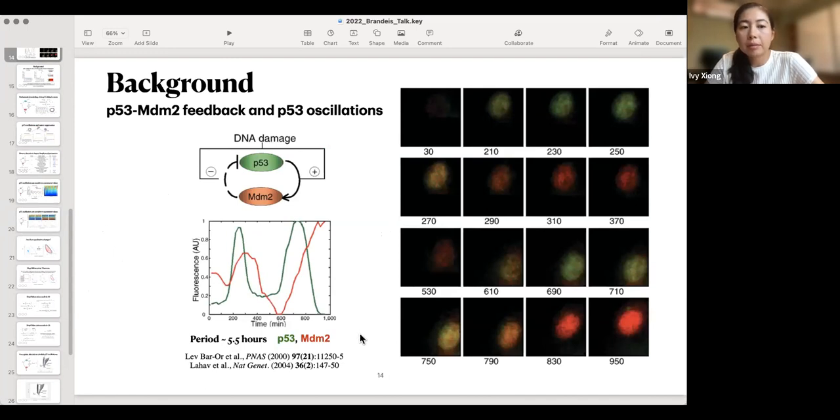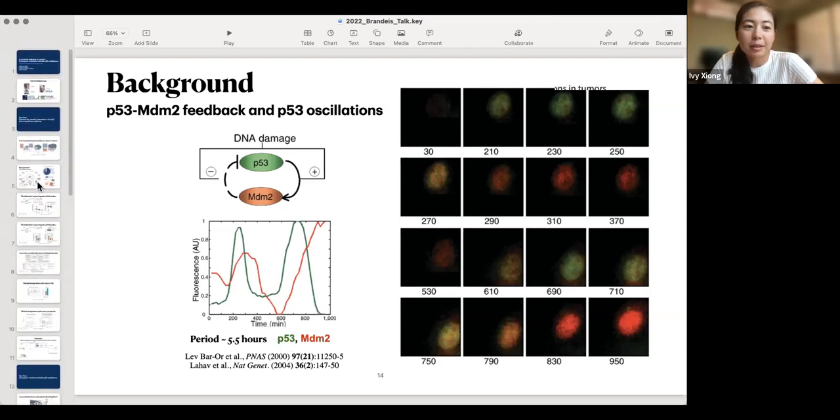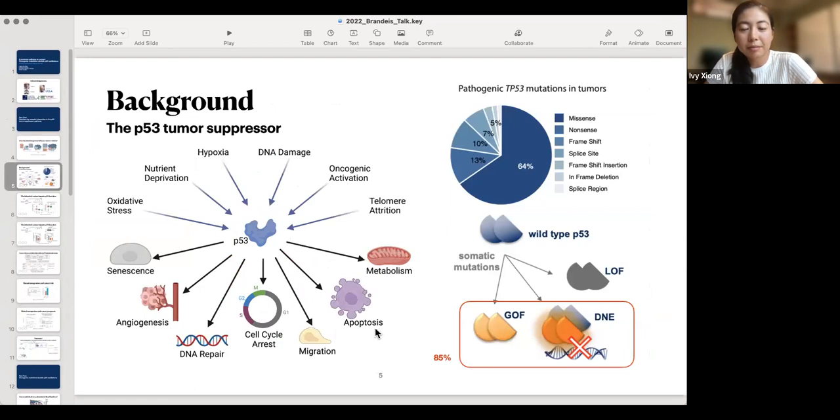But we didn't find any experimental evidence for that. P53 is a very versatile transcription factor in the cell, activated by an array of signals, and it interacts with many different actors.